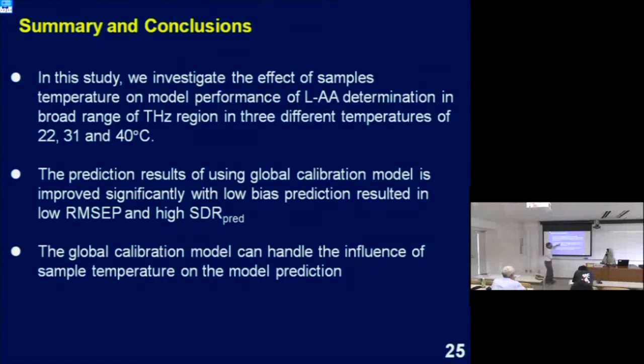The prediction results. Results of using.